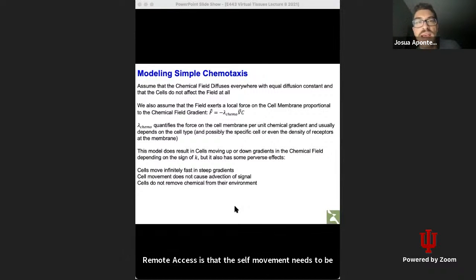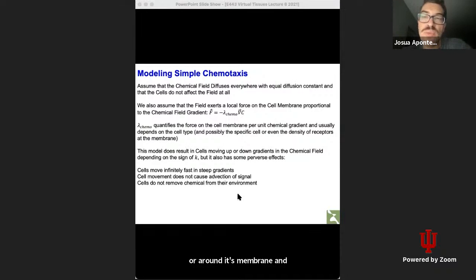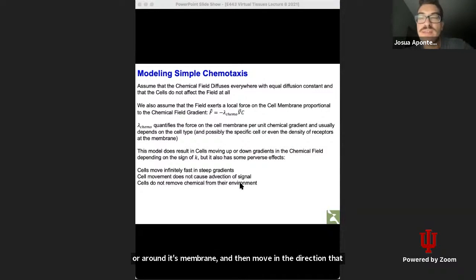The cell has to be able to somehow sense that the concentration changes from, let's say, its edge to its tail or around its membrane, and then move in the direction that increases the concentration in the case of a chemoattractant, or decreases the concentration in the case of a chemorepulsant.